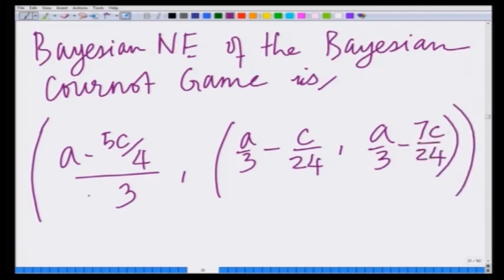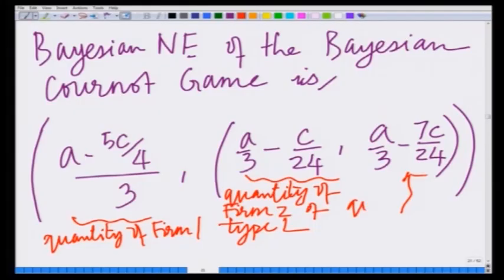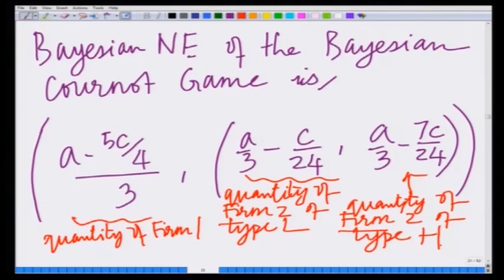This is the quantity of firm 1, this is the quantity of firm 2 of type low, and this is the quantity of type H.